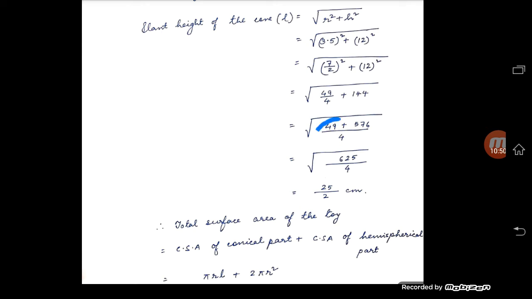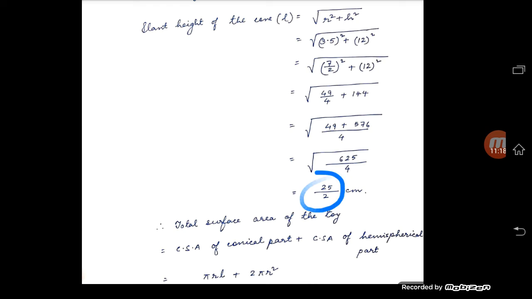We will be left with 49 plus 144 into 4, which is 576. So 576 plus 49 will give 625, divided by 4 inside the square root. So square root of 625 will be 25, and square root of 4 will be 2. So slant height of the cone l will be 25 by 2 centimeter.